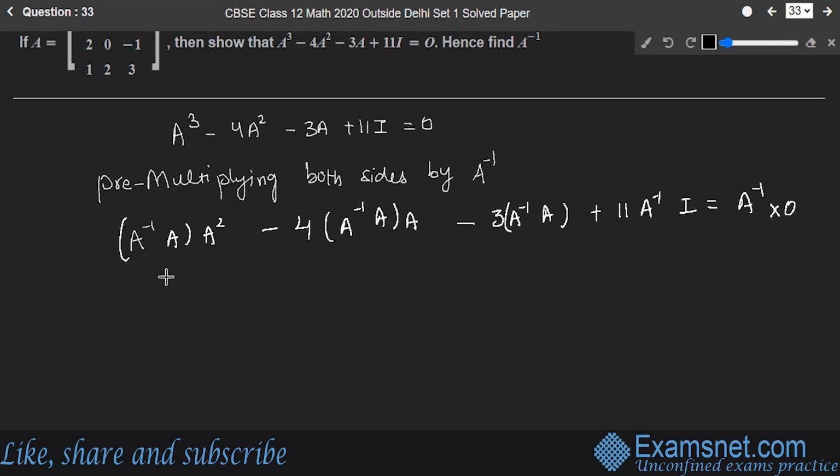This is equal to identity matrix into A square minus 4 into identity matrix into A minus 3 into identity matrix plus 11 into A inverse is equal to 0.